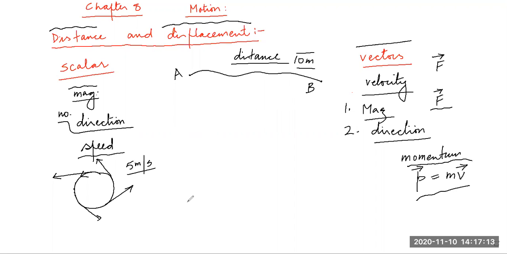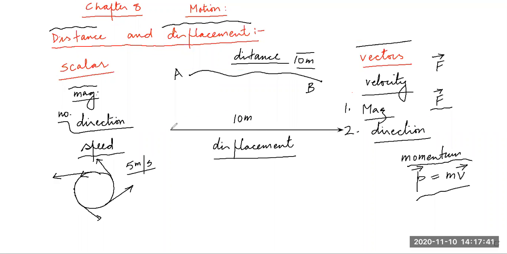But if a point has traveled along a particular direction, let's say this distance is 10 meter, I will say this is displacement of the particle from A to point B.